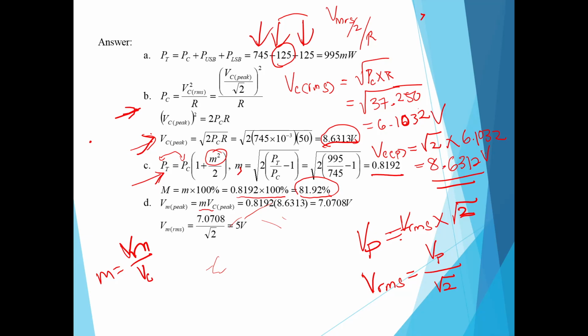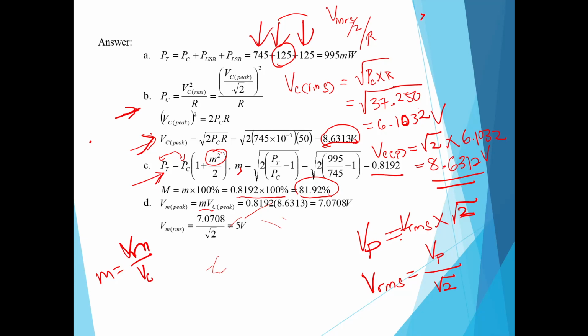So normally when we want to find the LSB and USB, we find in terms of peak amplitude. Okay. So VLSB is equal to VUSB, which is M multiplied with VC. So if you want to find the peak value, that means VC must be the peak value.